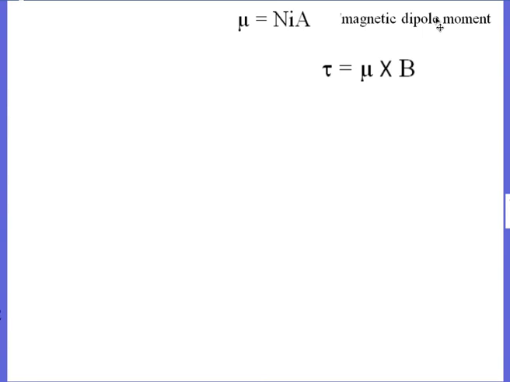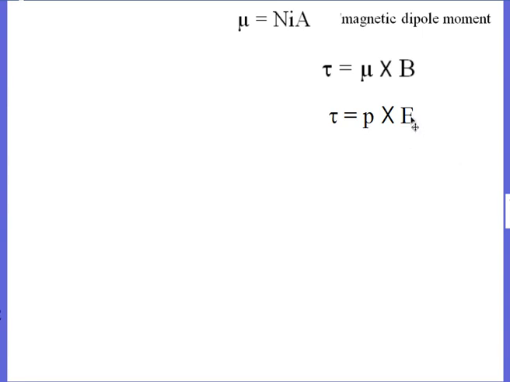This concept of magnetic dipole moment, which we've indicated here, again can give rise to torque, which is exactly like the formula that we use for torque from an electrical dipole that we were talking about earlier.